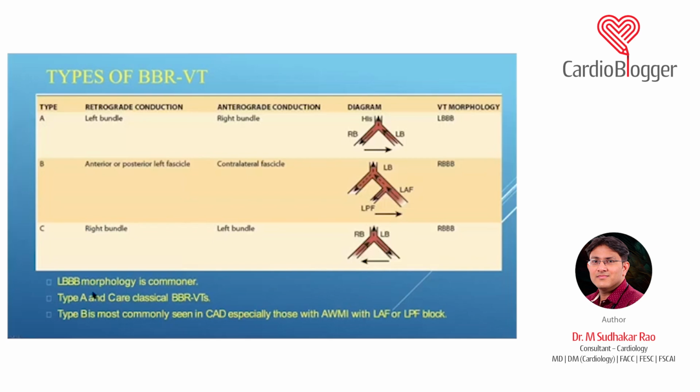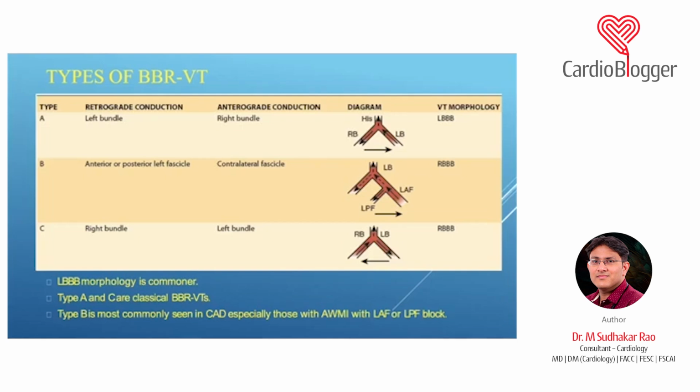As you can see, there are three types of bundle branch re-entry. You should always remember the LBBB morphology. So with the typical ECG, when you see an LBBB morphology and a left axis deviation, you should always consider the diagnosis of bundle branch re-entry. Normally we know that a normal VT will have an LBBB morphology with a right axis deviation, but a bundle branch re-entry VT has an LBBB morphology with a left axis deviation.